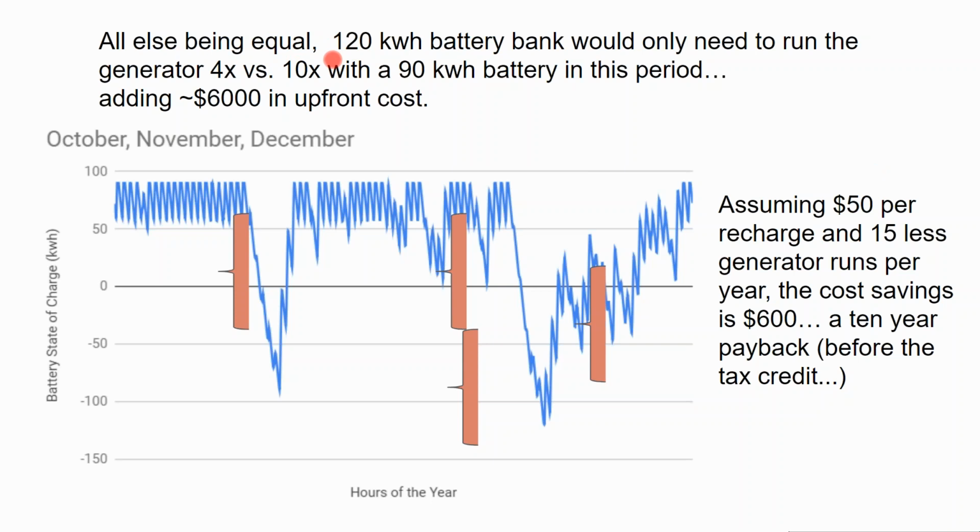And all else being equal, that's the hinge in your design optimization for off-grid that'll solve how large of a solar array and how large of a battery bank do I need. If you can quantify it in terms of what that means for generator runtime, you can get into a reasonable, cost-based assessment of what size of battery bank you need.